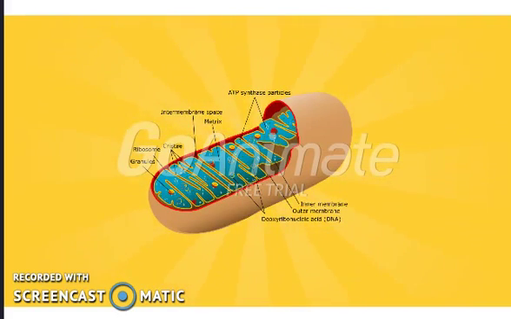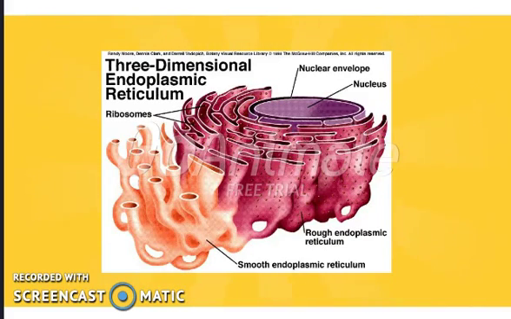They also both have a mitochondria that contains enzymes of the citric acid cycle, the respiratory chain, and the oxidative phosphorylation. They also have the endoplasmic reticulum, which is a system of membrane tubes and flattened sacs found in the cytoplasm of eukaryotic cells.